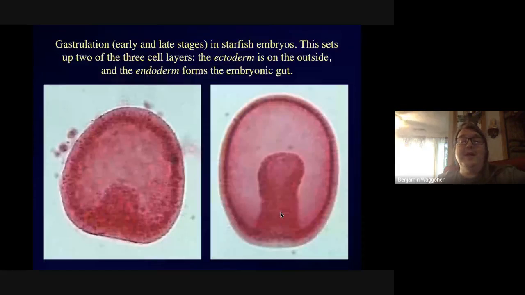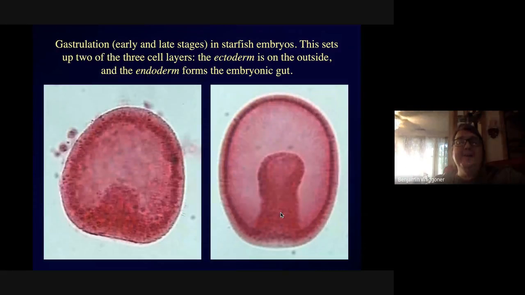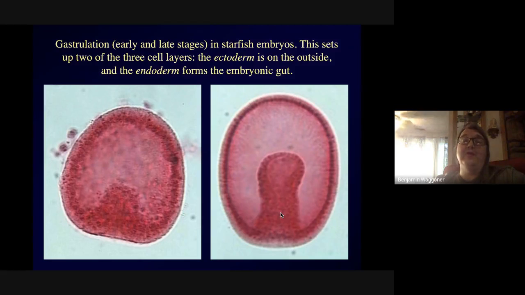Okay, you can kind of see it here if you look over on the left. It may not be super obvious, but I can see some kind of irregularly arranged cells on the left-hand picture to the immediate right of that dent. That's going to be some of that mesenchyme. The starfish and the sea urchin have very similar patterns here.